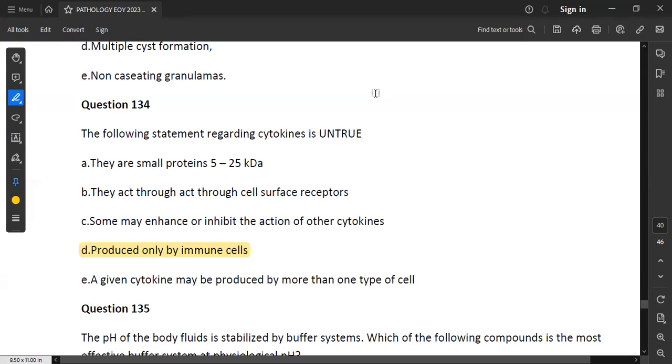Which other cells? Fibroblasts can also produce cytokines. Endothelial cells can produce cytokines. Okay, I'll give you three: fibroblasts, endothelial cells, hematopoietic cells, as well as immune cells. Those are enough.